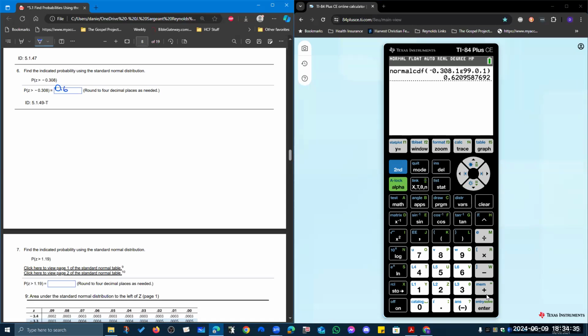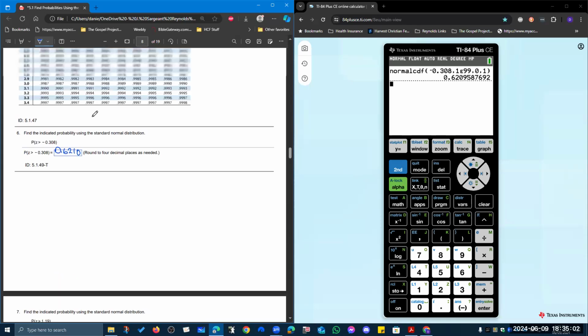So 0.62, and then we're going to have to round here. This 9 is going to round up to a 10, because that fifth place there is a 5. So that's 0.6210. Only use the calculator when it has a dash T like this.